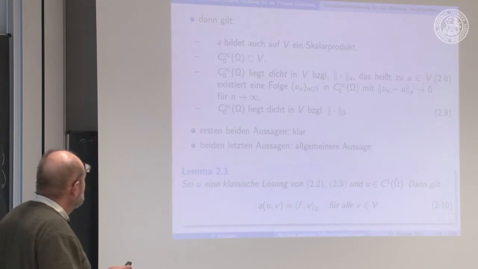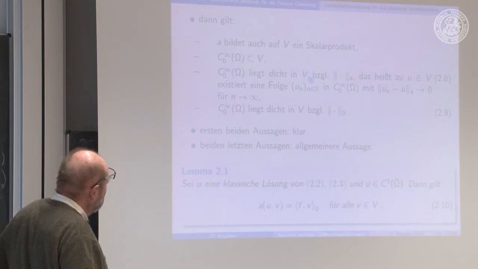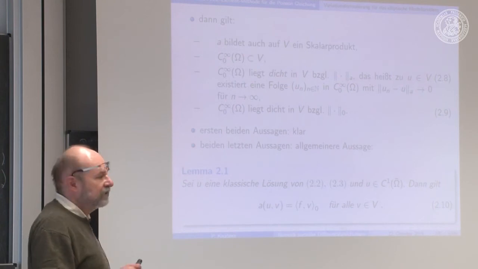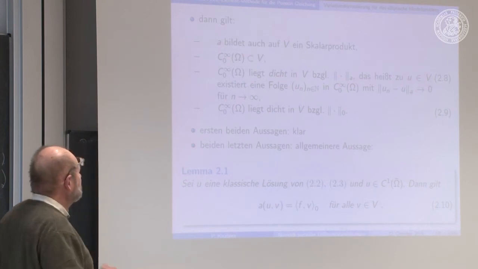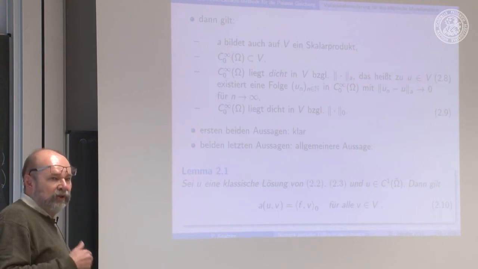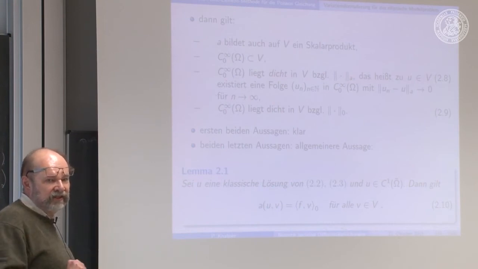That means the space of test functions is dense in this larger space V, both with respect to the A norm and with respect to the L2 norm. What does density mean? It means I can find a sequence of functions which converges in the specified norm towards the given function.